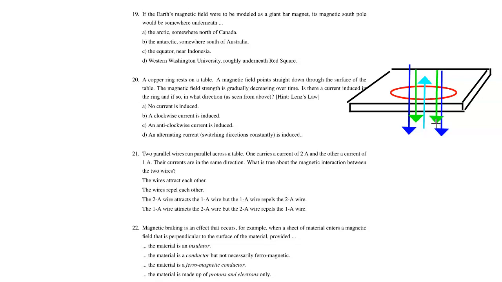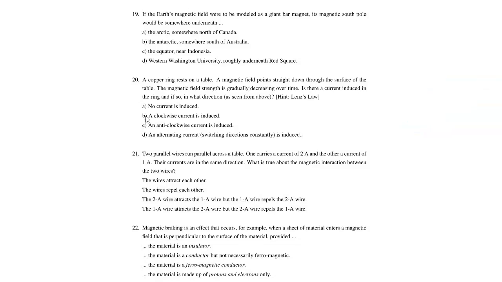I'm not labeling this in the diagram, I'm talking about it, so you can keep your notes. Which way around is this? The arrow is meant to be inside the loop, in the middle of the loop. You can use your right-hand curl rule to figure out that to get a magnetic field pointing down, the current must be clockwise. The answer is clockwise. This one here.